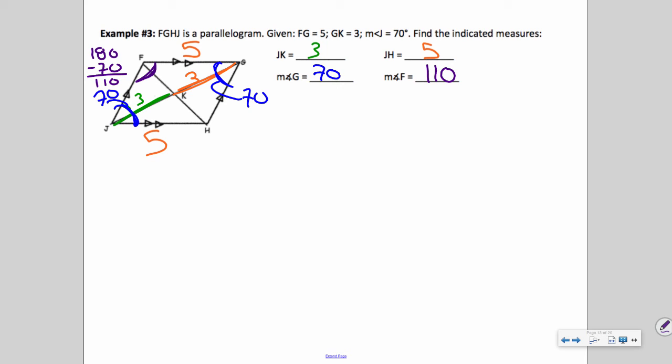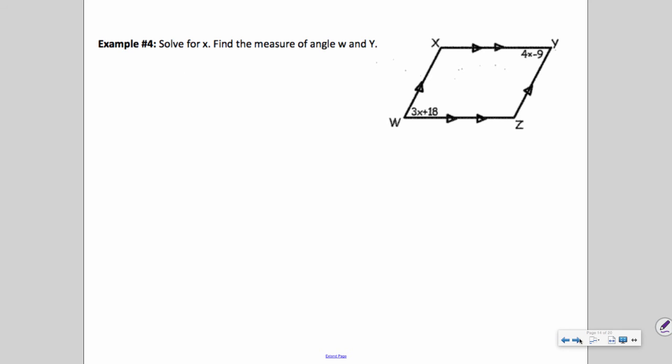So you just have to decide, is it opposite sides, is it opposite angles, are they on the same side? And that will help you determine which ones are equal or add up to 180. In this case, again, you're looking at these as being inside the parallelogram, and they're stuck in the corners.